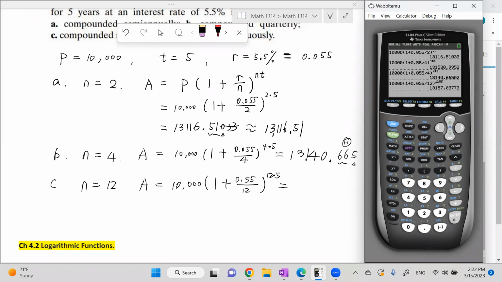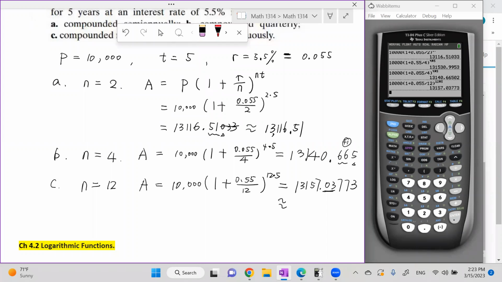All right. We have 13157.03773. I hope this time I have no mistake. There's no mistake, so let's put the solution here. 13157.03773, and round it to the penny.